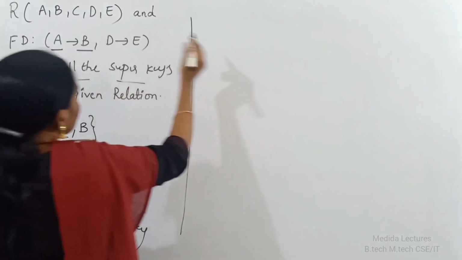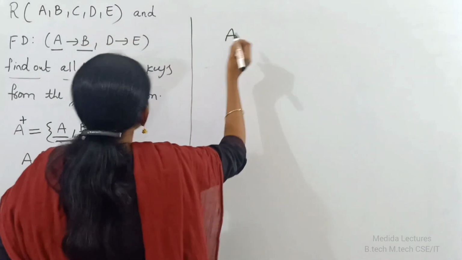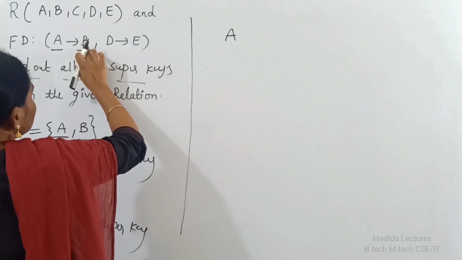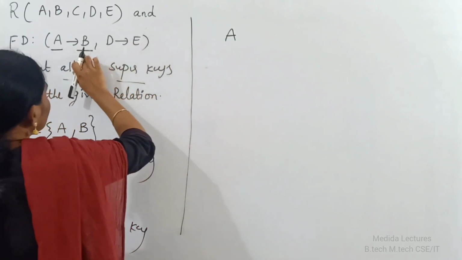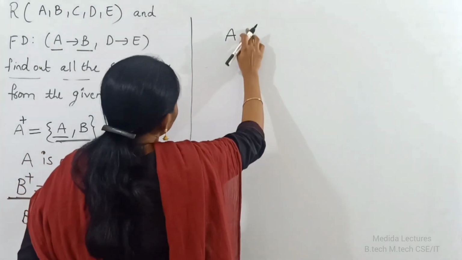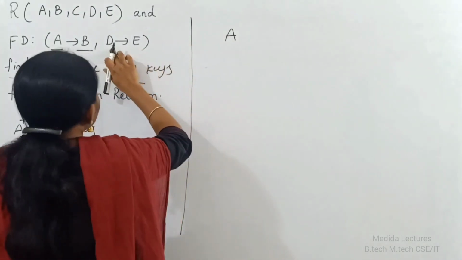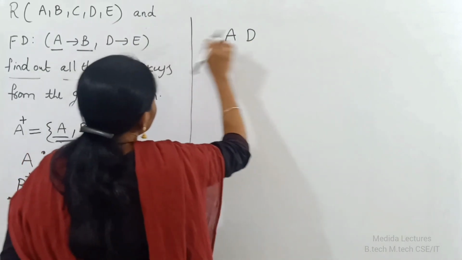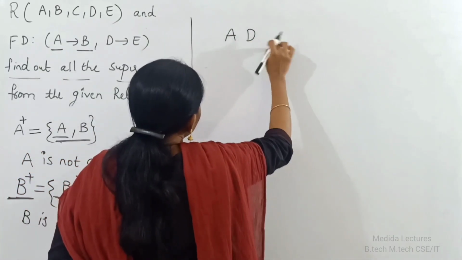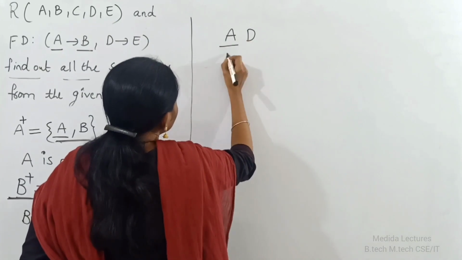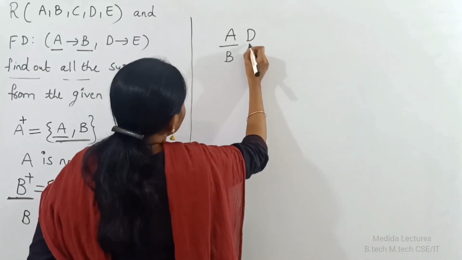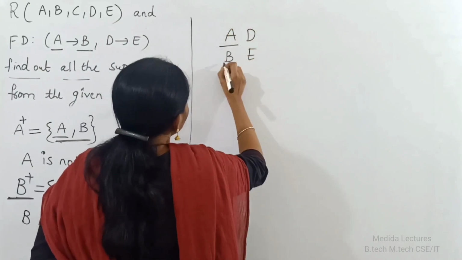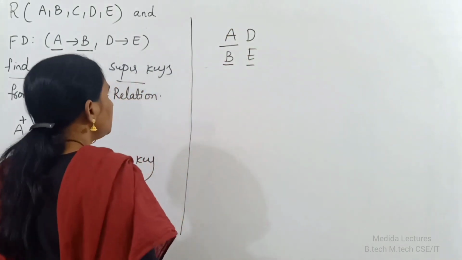If I take A, then we can determine B, so there is no need to write B. If I take D, then we can determine E, so no need to write E. No need to write B again.